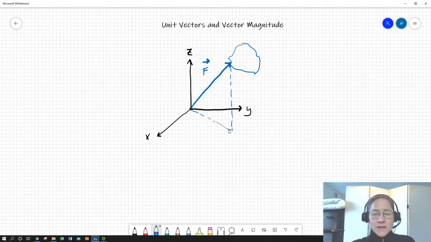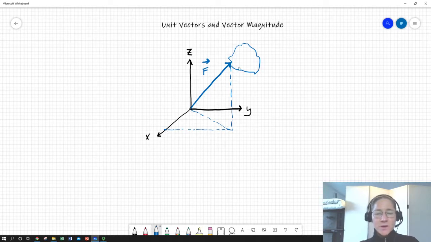One way we can envision a vector's components is to look at the projections of our force vector arrow. Let's imagine that this arrow represents our however many newton force acting on this body. Let's use the length of this arrow drawn on our schematic to represent the magnitude.